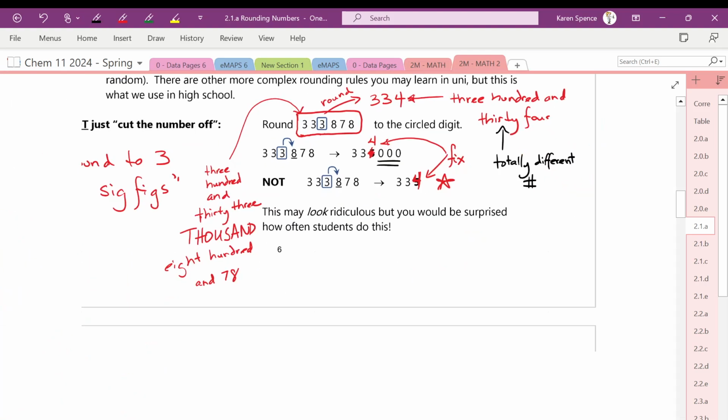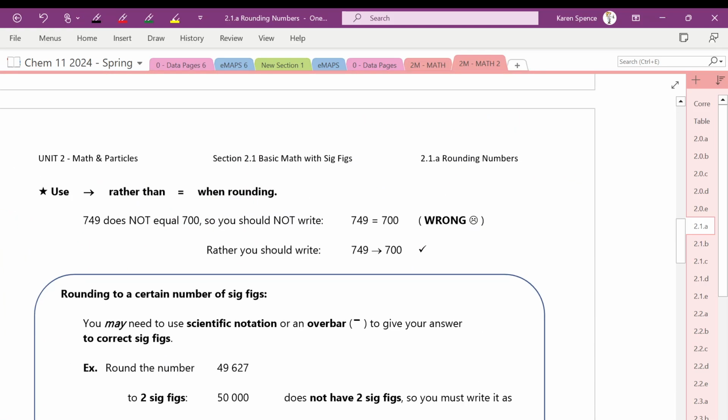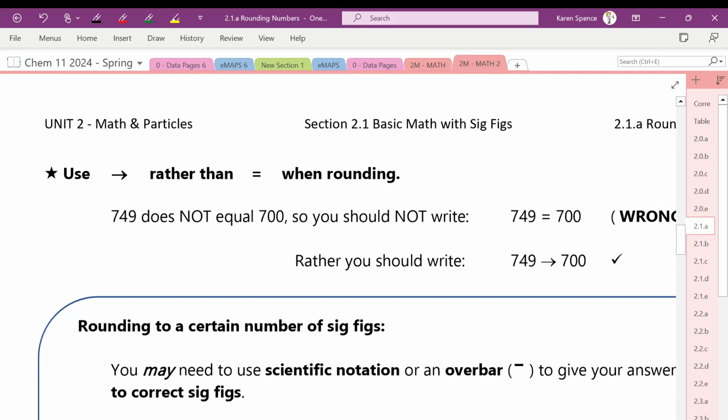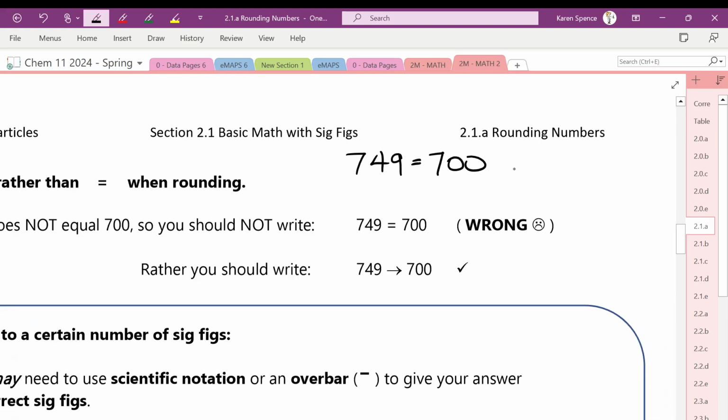Okay. So, when you're rounding, are things actually equal when you round? Like, is 749 actually equal to 700? Is that true or false? That is false. So instead of writing an equal sign, you should write an arrow.